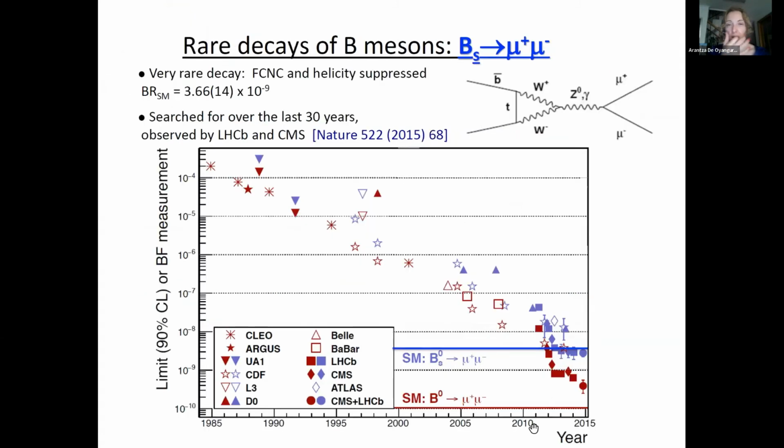Okay, so another rare decay, even more rare, is the leptonic decay Bs to mu mu. Maybe you have heard about it. It is a very important decay. It is very rare. In addition to being flavor changing neutral current, it is helicity suppressed, and the branching ratio in the Standard Model is 10 to the minus 9.